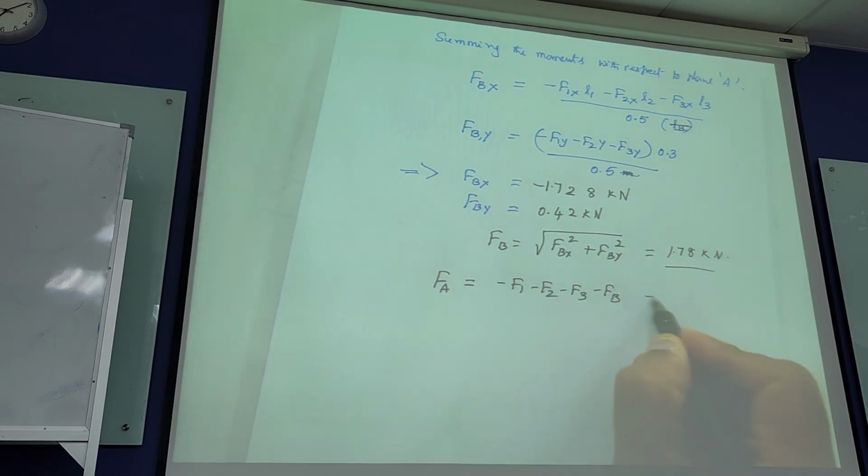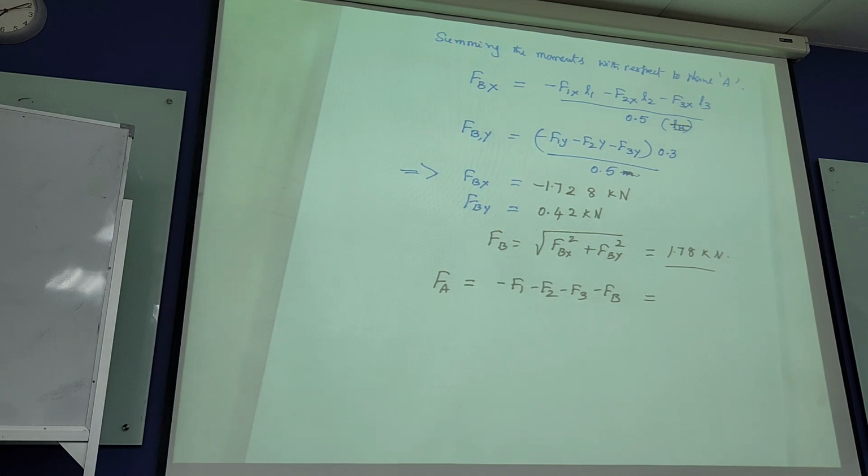So you can simply calculate the sum of the forces F1, F2, FB. So these are the balancing forces required.